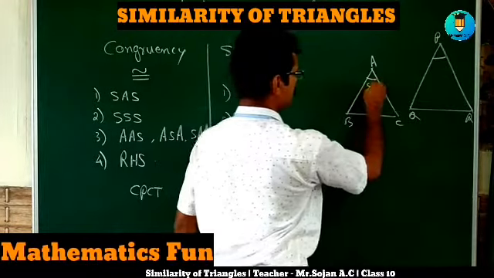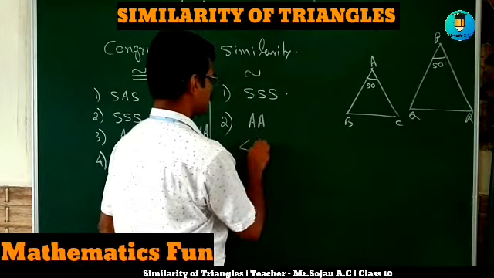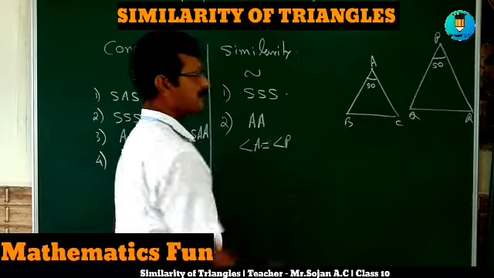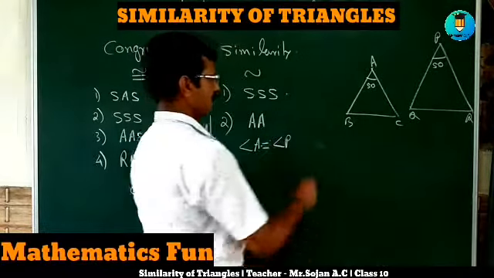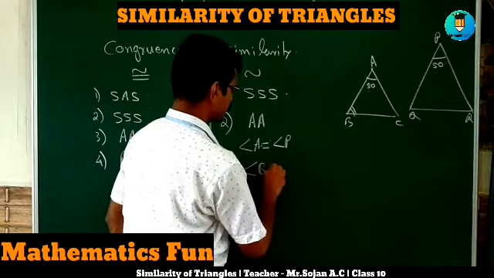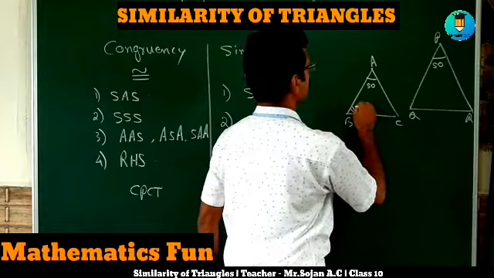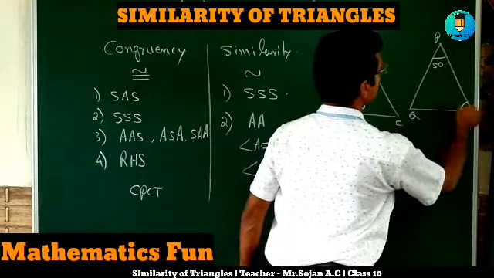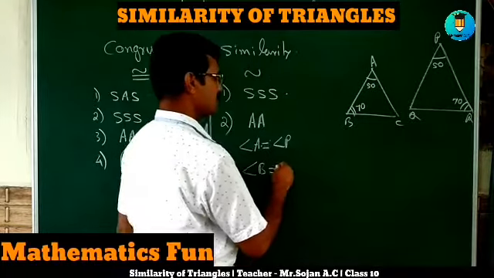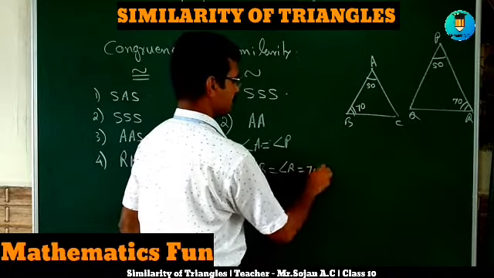In these two triangles, let angle A be equal to angle P. For example, this is 50, this is also 50. Angle A is equal to angle P, equal to 50 degrees. And one more angle I am taking: angle B is equal to angle R, both are 70.